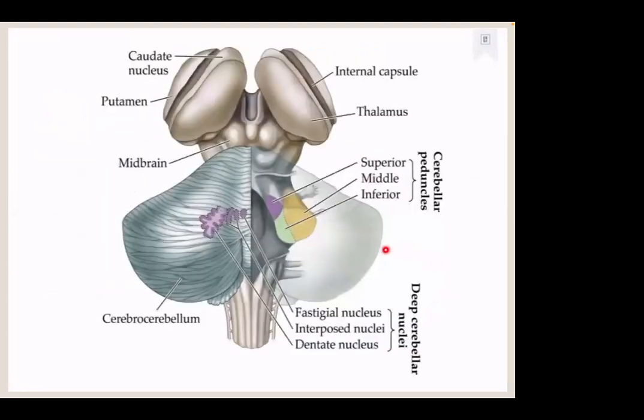This diagram also shows the superior, middle, and inferior cerebellar peduncles with their nuclei: vestibular, interposed, and dentate nuclei.